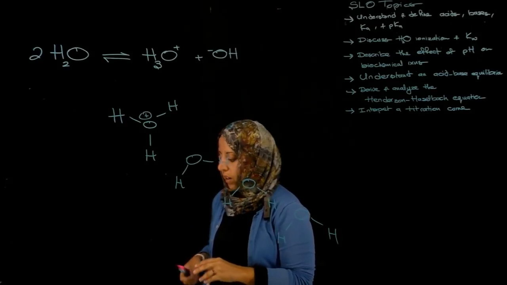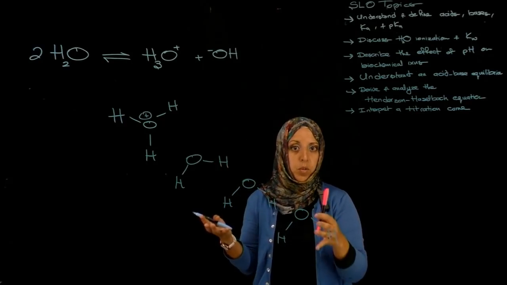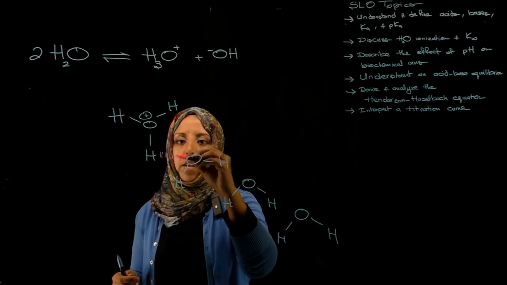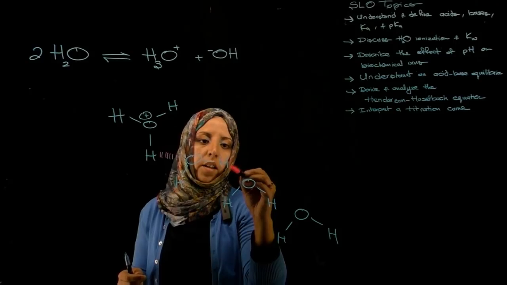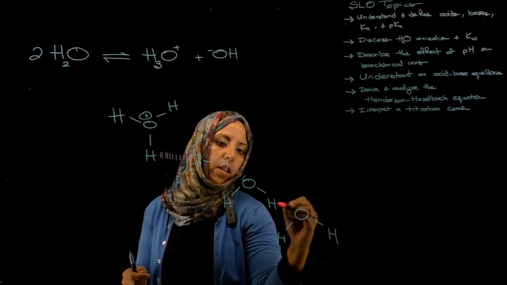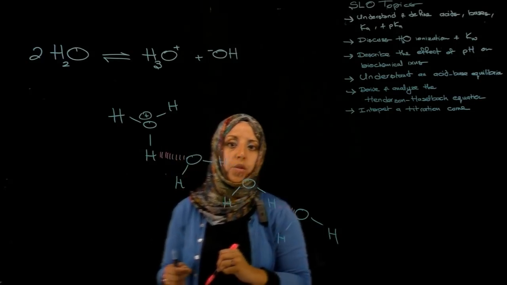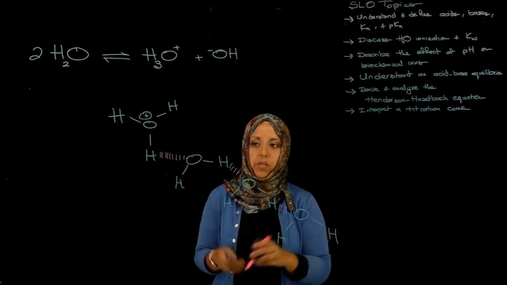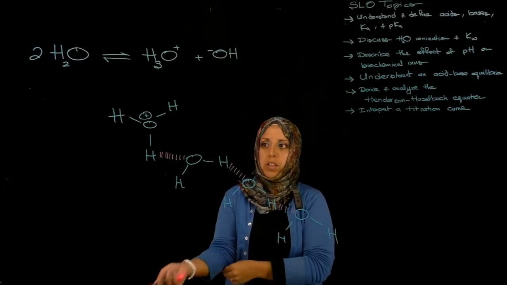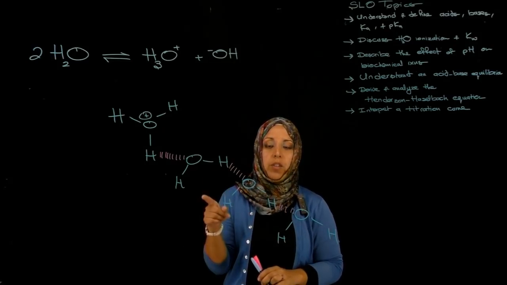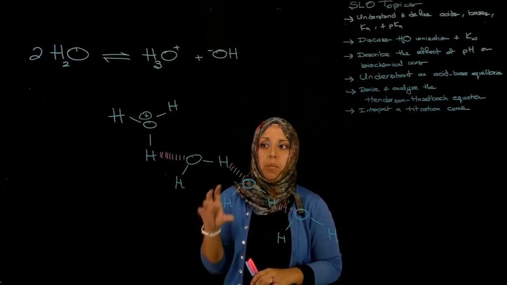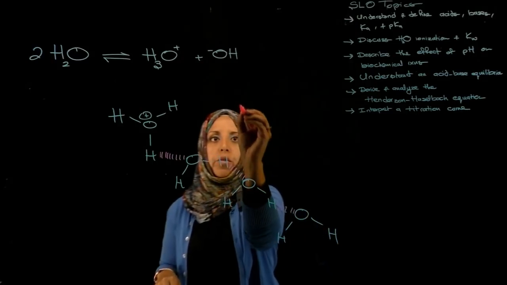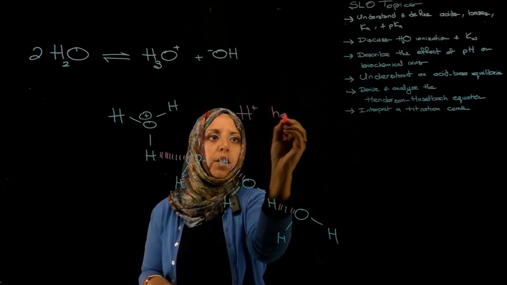Drawing them in a line, we know that one of the intermolecular forces between water molecules that gives it its properties is hydrogen bonding, right? So we can have a hydrogen bond, here's another hydrogen bond, and here's a hydrogen bond, and so forth, right? Well, hydronium ion is solvated by different water molecules, and there's hydrogen bonding between the different water molecules. Hydronium ion, actually, that proton will hop from one oxygen to another, right? Something we refer to as a proton hop.